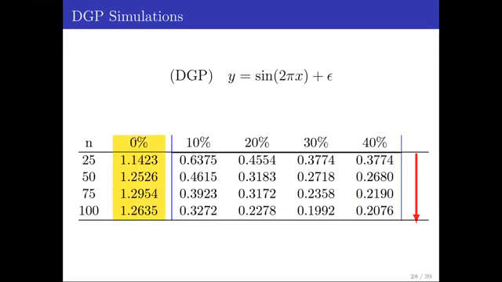So when we look at the case when all the error terms come from a normal distribution, or your data is perfect, you see that no matter the sample size, the performance of the LSCV is better.